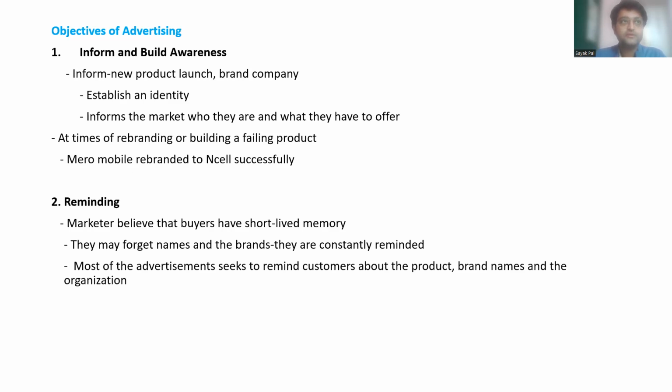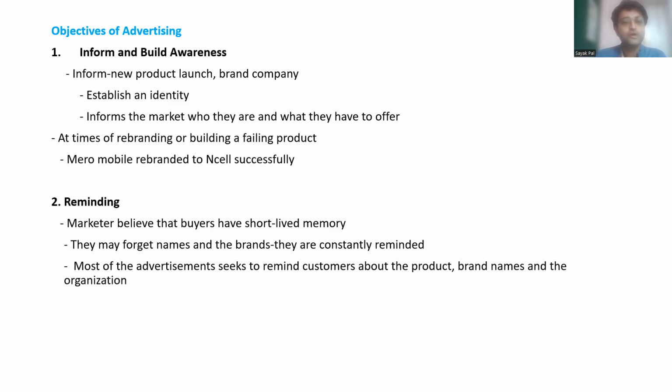So there are different strategies which can complement advertisement, but ideally you should not stop advertising, right? There are personal selling and sales promotion, but even in those cases, advertisements are handy. They often take the help of advertisement.